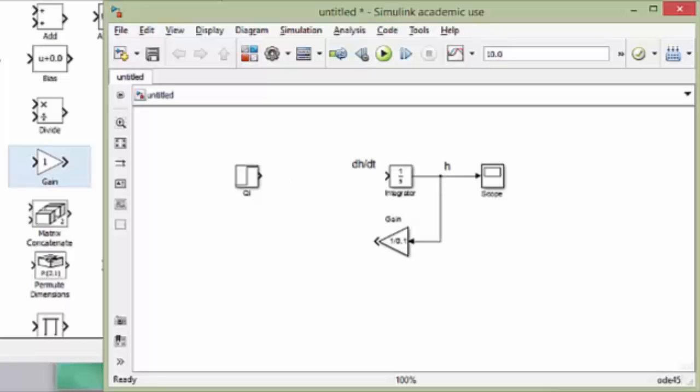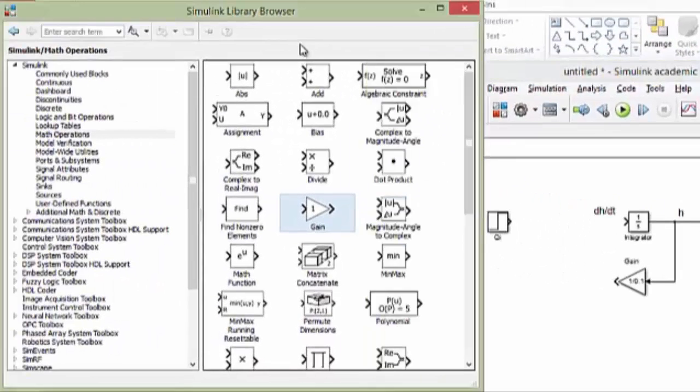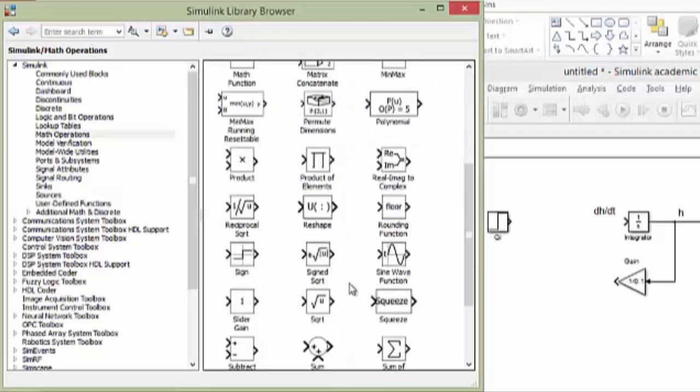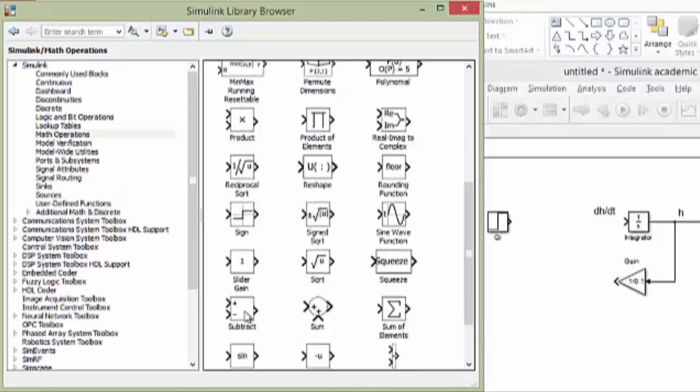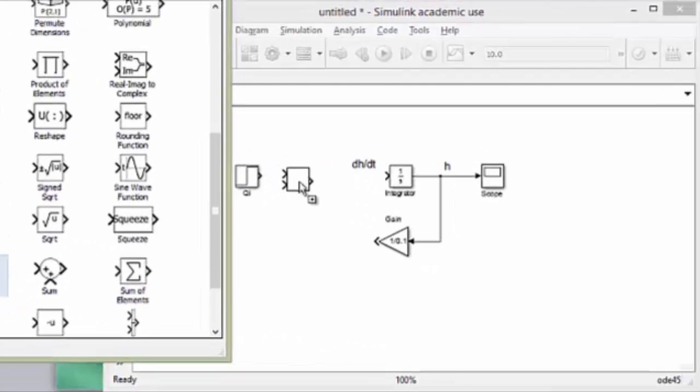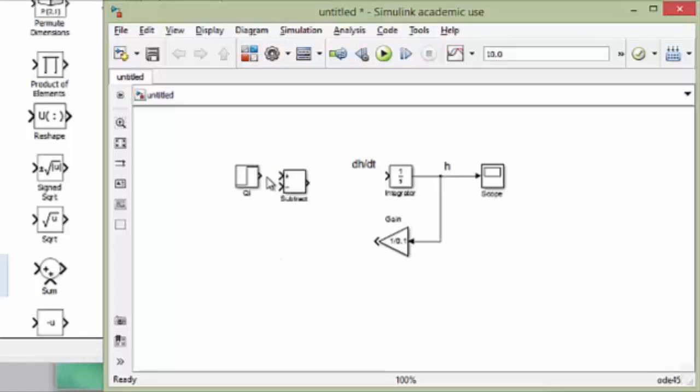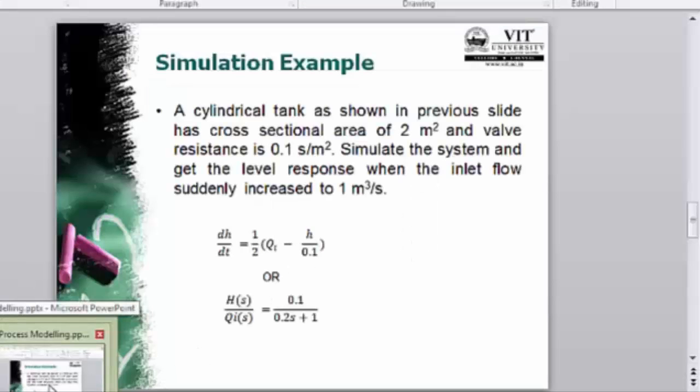Now I have to get qi minus h by 0.1. For this we need the subtractor. Again, this is available in the math operations library. So qi minus h by 0.1 is ready here, and now we have to divide this by A according to the model.